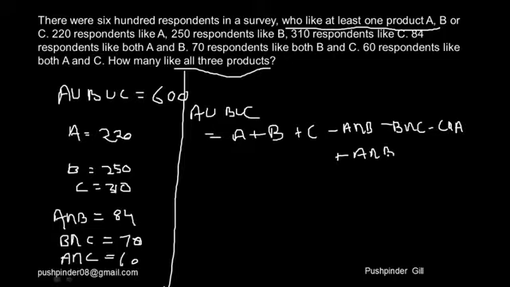This is the expression of at least one. So you know the value of this, this, this, and this. Just substitute the values of all this, whatever you know, into this equation, and you'll get the value of A intersection B intersection C. So I hope everyone is understanding how we are able to solve this question. I'm not solving because that's the algebra part, the boring part for me. Fine. So let's move forward.